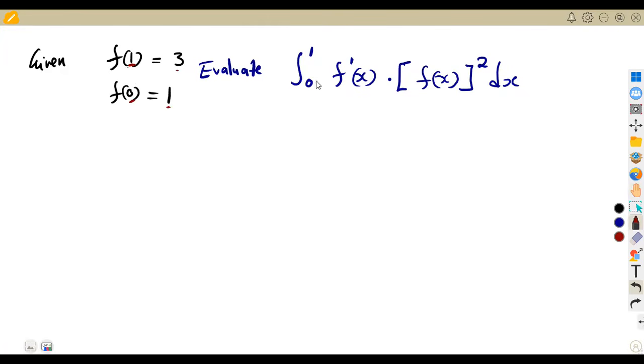So if we substitute the 0, we obtain a 1. It's a change of limit. Whenever you change this expression in terms of our f of x, we are also going to change our limits, 1 changing to 3 and 0 changing to 1, for the values that you are given.